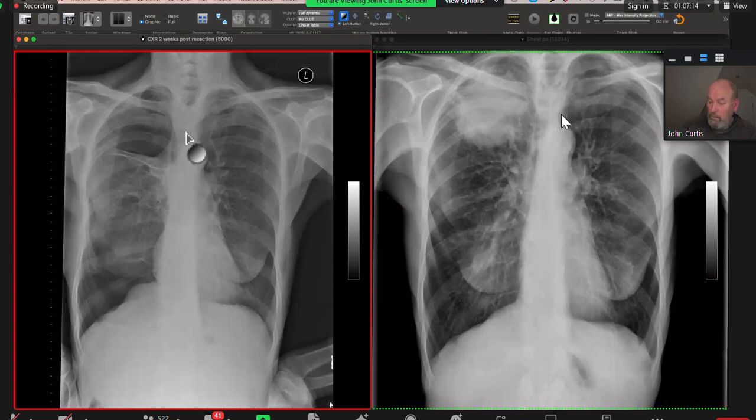So I can see a sort of lucent lung with no lung markings. What do we call that? It feels like a pneumothorax. Yes. In somebody who's just recently had an operation, what would be the cause of the pneumothorax?